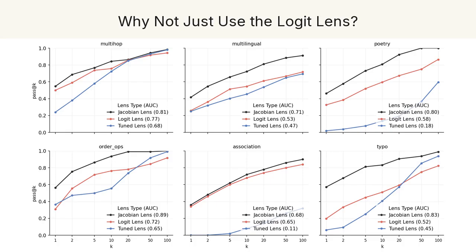When the researchers score them head-to-head across tasks like multi-hop recall, multilingual prompts, and poetry, the Jacobian lens recovers meaningful, readable content precisely at the depths where the logit lens fails, and it also beats the tuned lens, which tends to skip ahead and just predict the output rather than surface the intermediate thought.